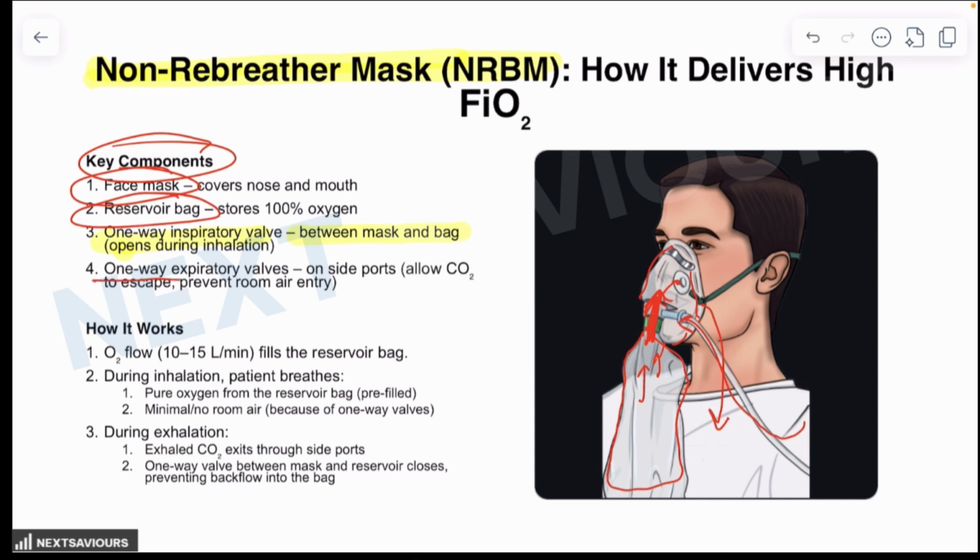And it has one-way expiratory valves on the side of the ports which allow carbon dioxide to escape, thereby preventing room air entry into the mask as well as into the bag. Now, this is the reason why it is called as non-rebreather mask.